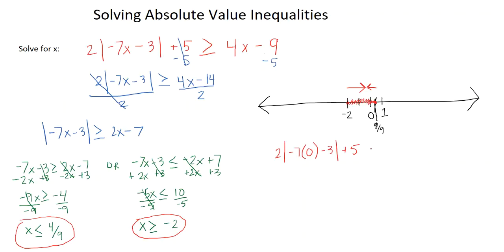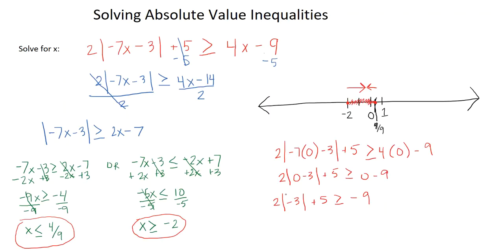Plus 5, and then we'll simplify. So 7 times 0 is 0, and then -3 plus 5 greater than or equal to 4 times 0 is 0, minus 14 is -14... wait, as stated: -9. And then we have 2 times the absolute value of -3 plus 5 and -9.